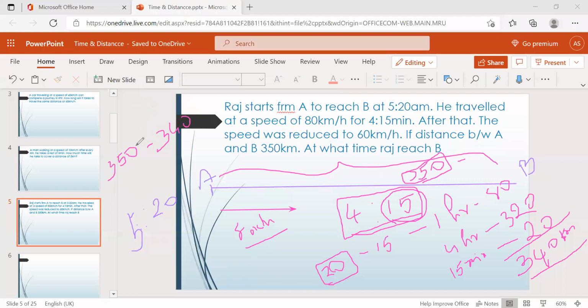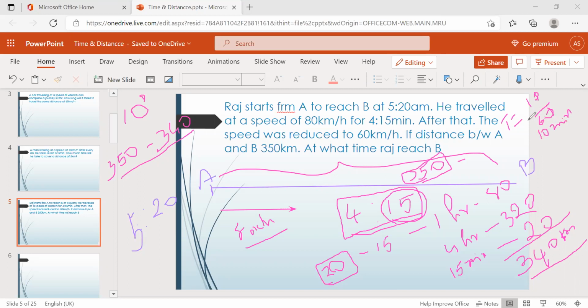So this 10 kilometers he traveled at 60 kilometers per hour. We know the distance is 10 kilometers and the speed is there. Time equals distance by speed, 10 by 60, it's nothing but 1 by 6 hours, which is 10 minutes.